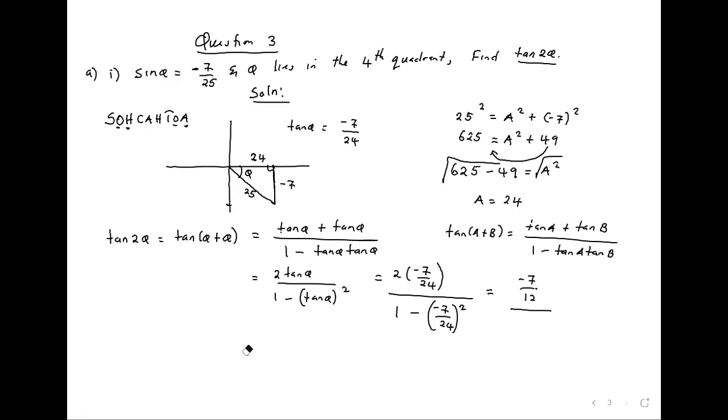Okay. So we get 1 minus 49 over 576. Then you get 576 minus 49 over 576. So we get -7 over 12 multiplied by 576 over, what is 576 minus 49? That's 527.